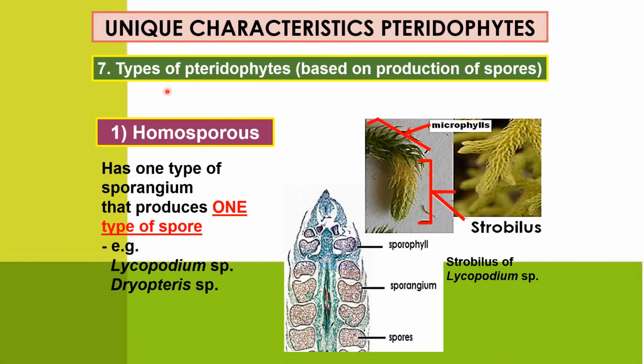There are two types of pteridophytes based on production of spores. First is homosporous pteridophyte. This pteridophyte has one type of sporangium that produces one type of spores. Examples of homosporous pteridophytes are Lycopodium species and Dryopteris species.